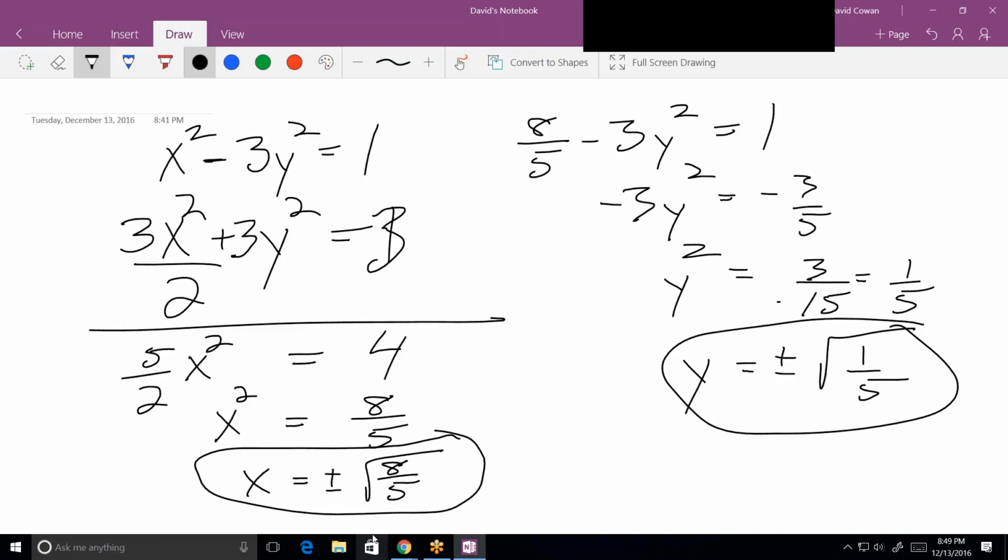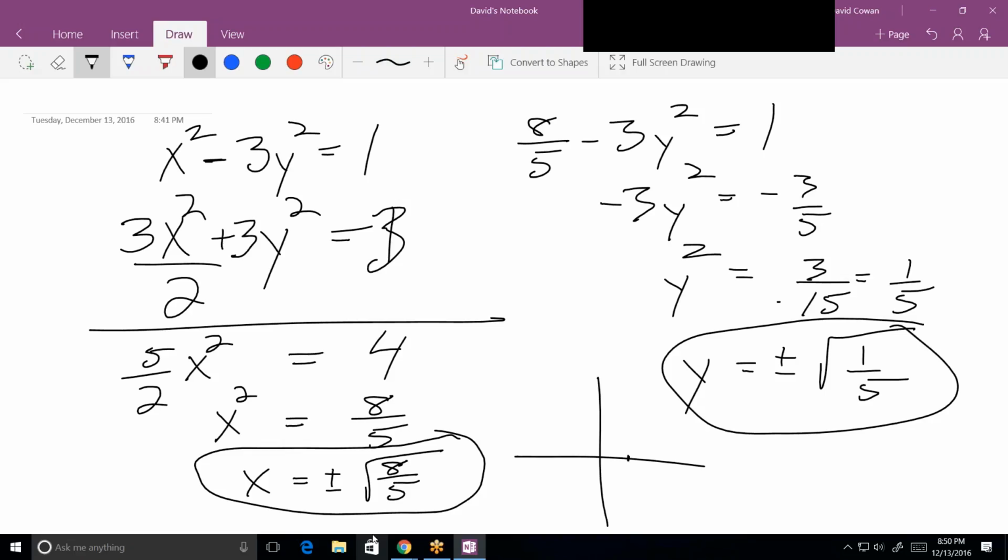And how would you know which point to put with which? Good question. Well, when x is plus square root of 8/5, y is either of those. So here we'll go to plus square root of 8/5.